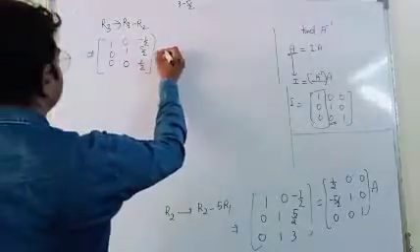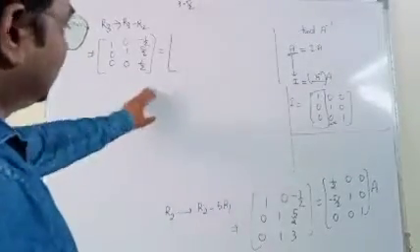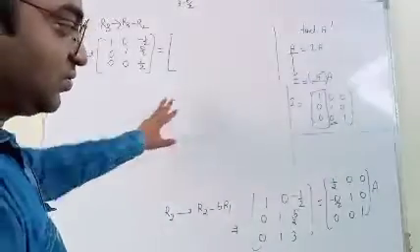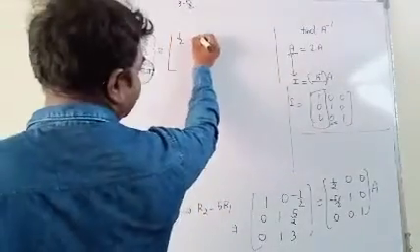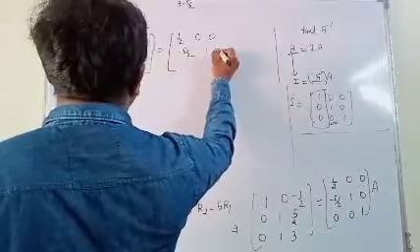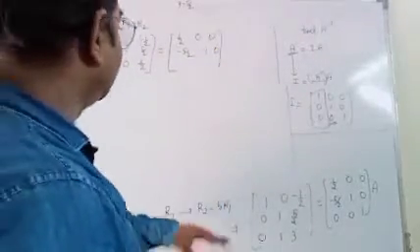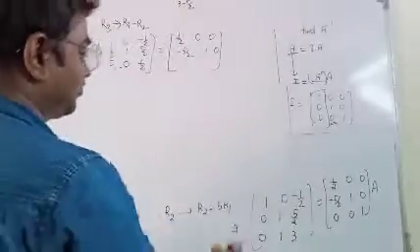Next step, what do we do? In the right hand side part we have to do it also. 1 by 2 will be here, 0 0, minus 5 by 2 is here, 1 0 is available. Here we just subtract R2 from this.